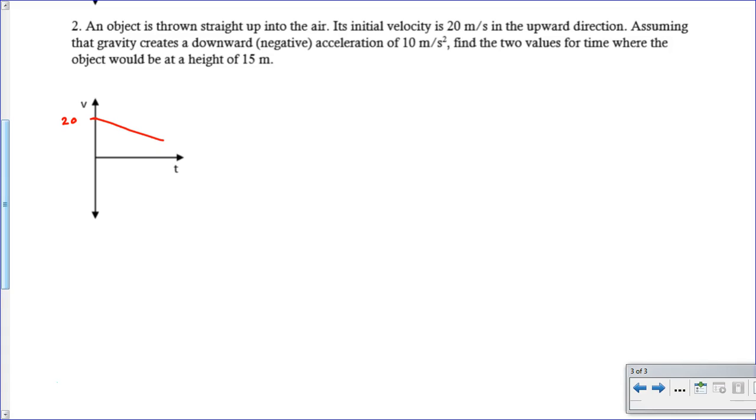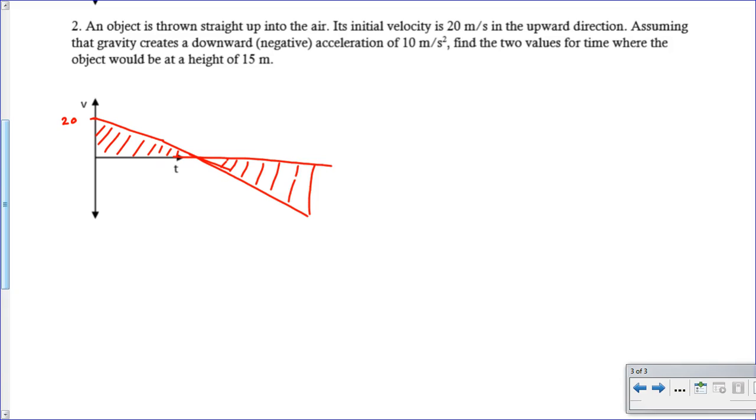Now, here's kind of a trick. At some point it's going up still, and we're going up through this whole place. Eventually it hits its peak, and then it starts coming back down again, which is like over here. So if you throw something in the air, it will go up, and then it will come back down again.